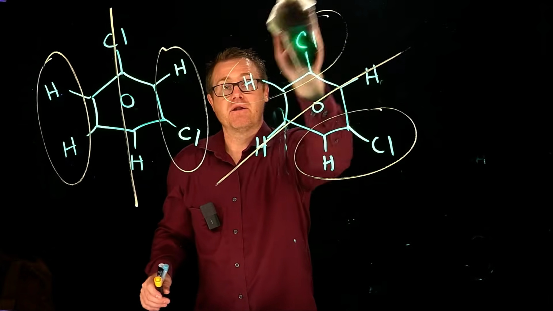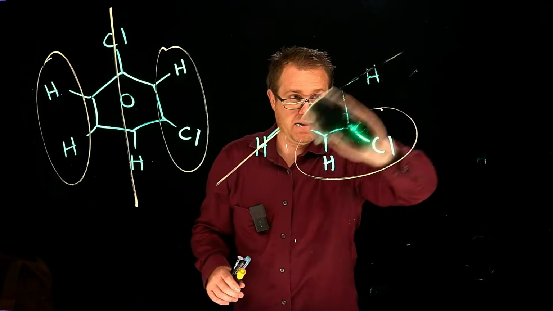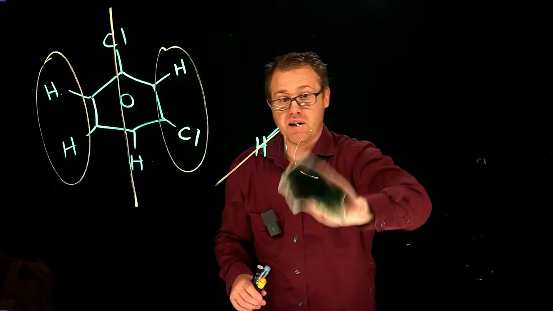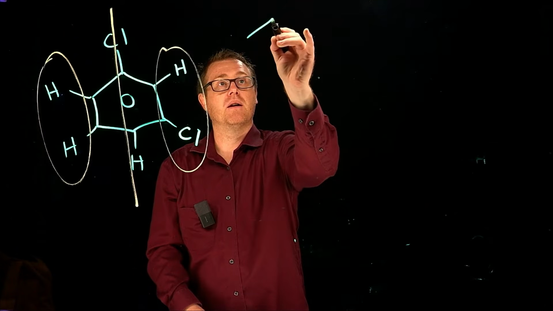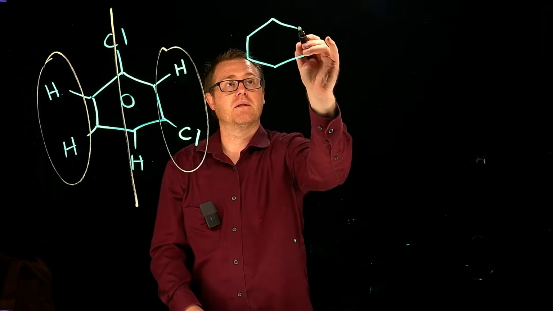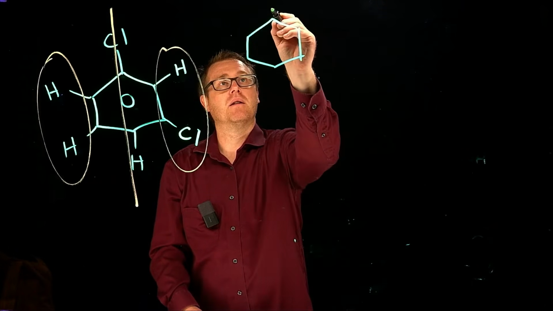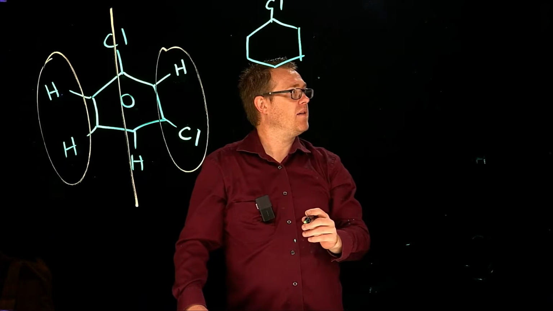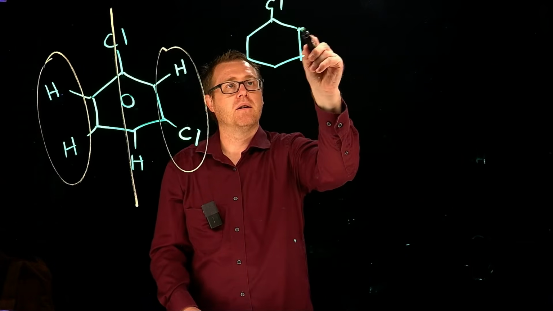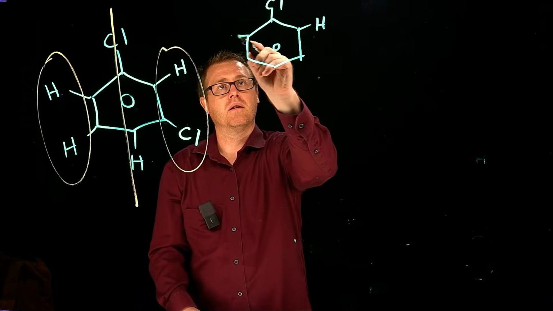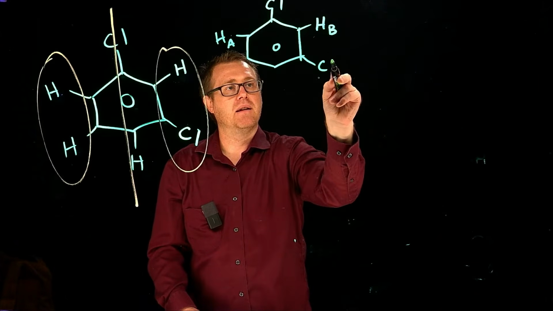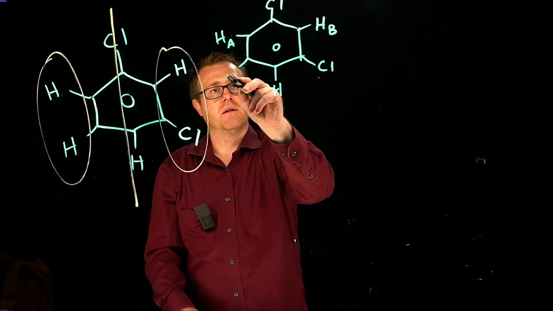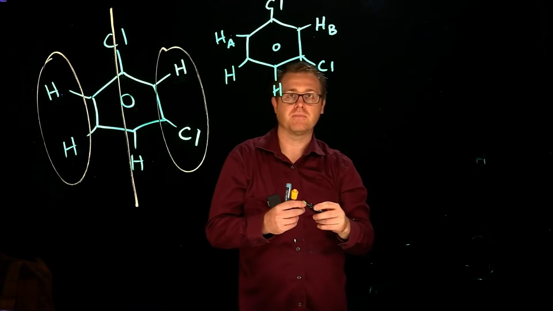Since there's no plane of symmetry between those 2 protons of interest, that's going to make those 2 protons non-equivalent. Barely cut off the chlorine there. So we could call that HA and that's HB.